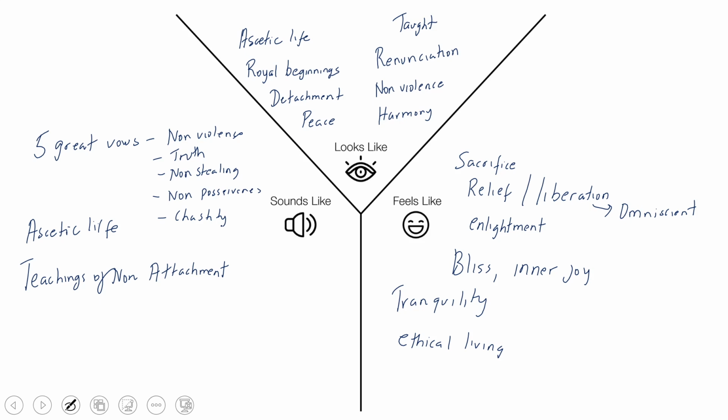So what have these great founders or great men done after getting enlightenment? They have shared their knowledge, or they have taught others. Okay, and this teaching has been by giving guidance as well as through sermons.